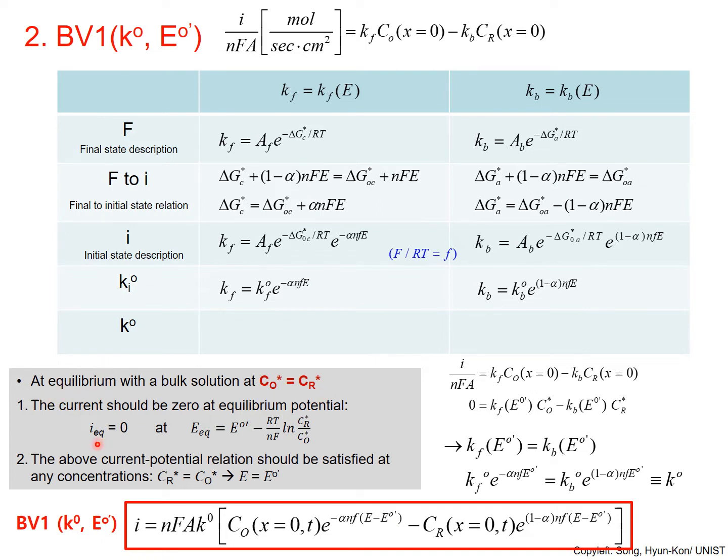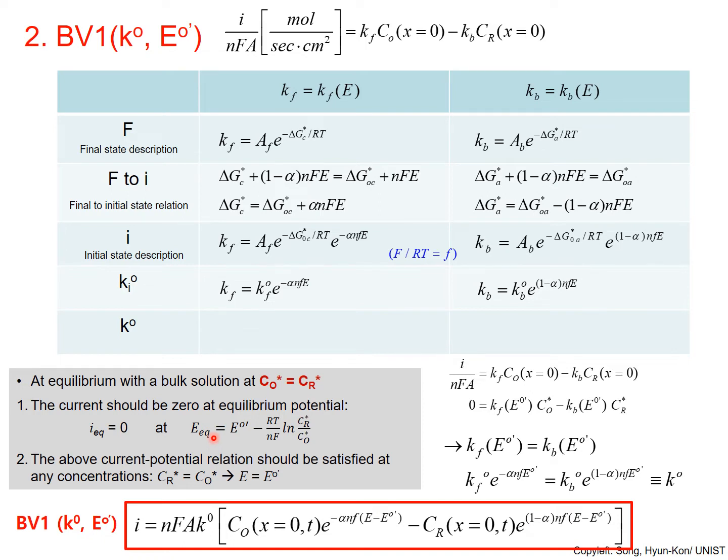At equilibrium, current should be 0 because that is the equilibrium. What is the equilibrium? The forward reaction rate should be equal to the backward reaction rate. This one should be the same as this one. So current should be 0. How about the potential? Equilibrium potential should satisfy the Nernst equation.